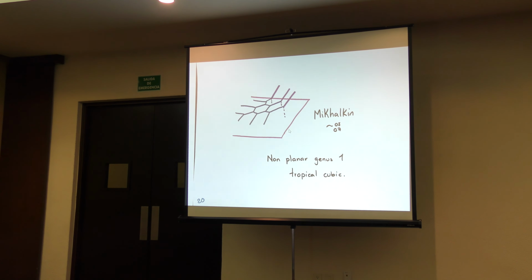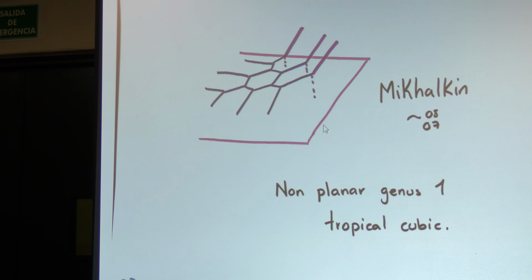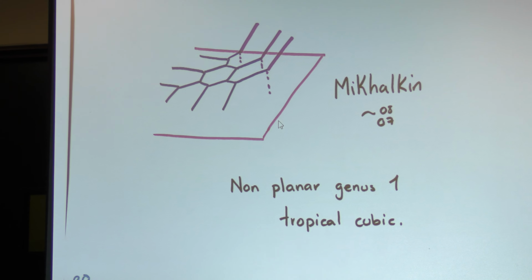It means that it's a cubic of genus 1, and if I choose my 3 points in a generic way, it will not be contained in a tropical plane, so it cannot be realized as the tropicalization of a cubic of genus 1, because it must be contained in a plane. This is the first example of a non-realizable curve.